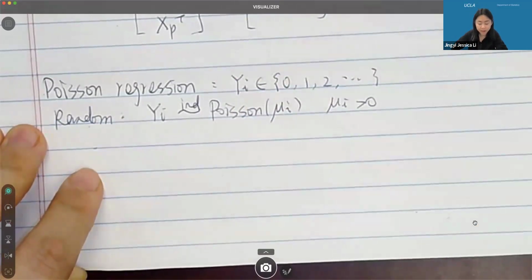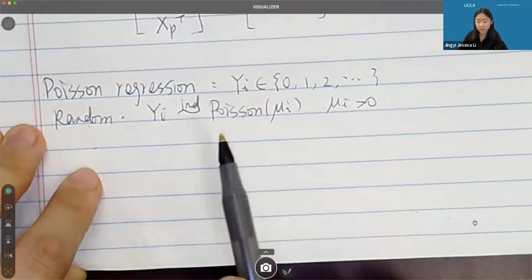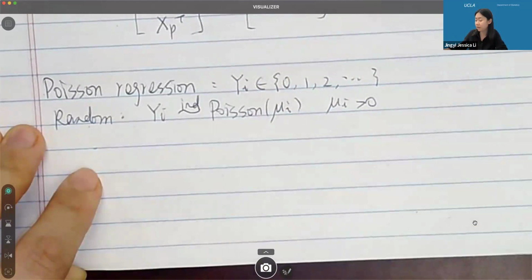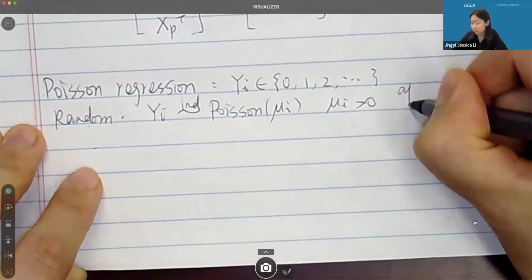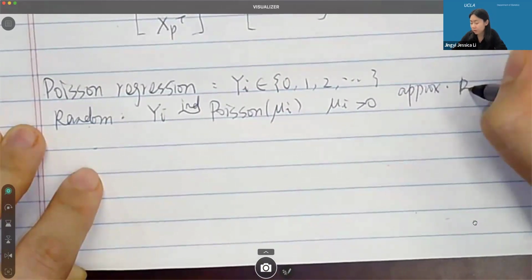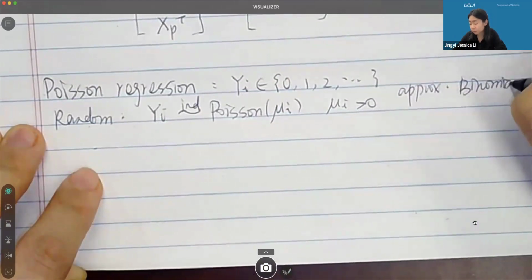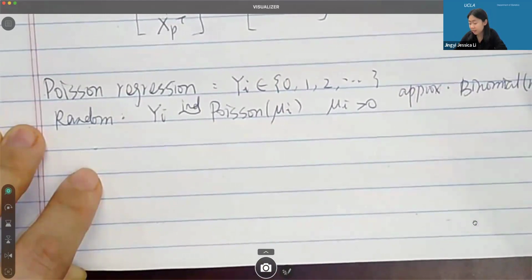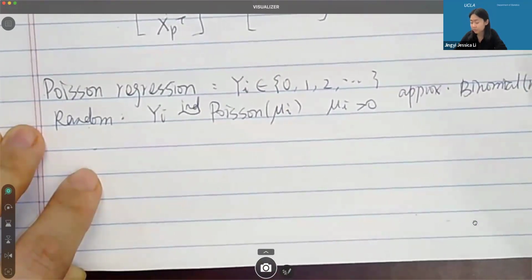One thing I want to say is that Poisson can be considered as an approximation of binomial with n_i and pi_i. How does it do the approximation?